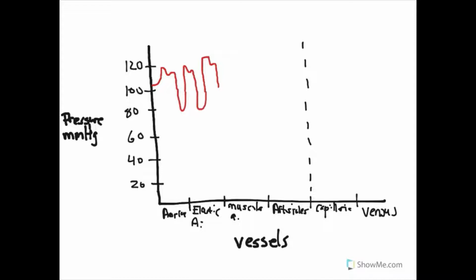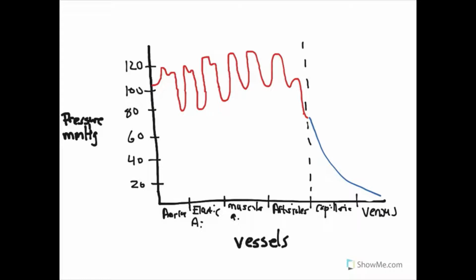There we go. Then we pulse a few more times, and then I'm just going to take venous and plunge it down to about like that. So let's say we have these pressure changes throughout.